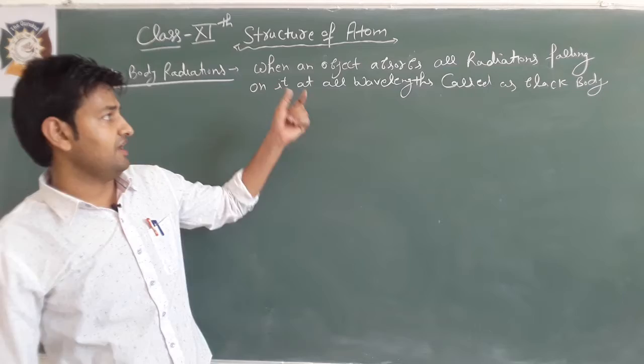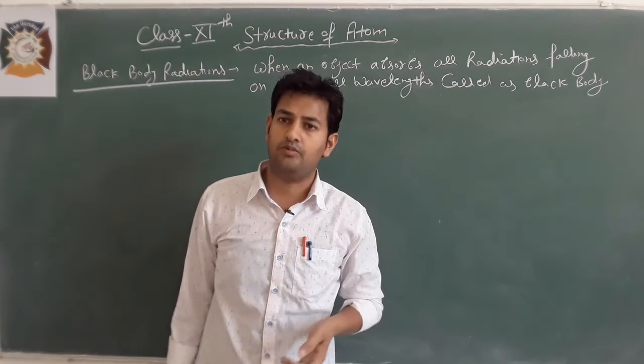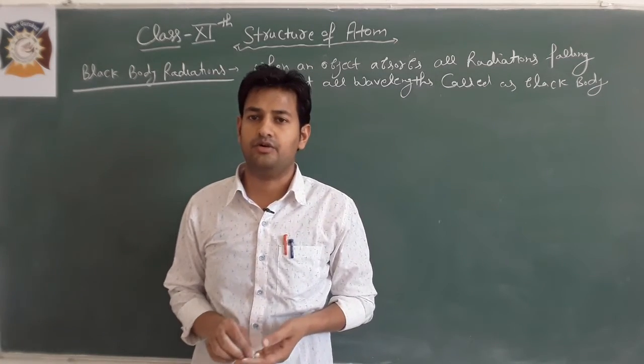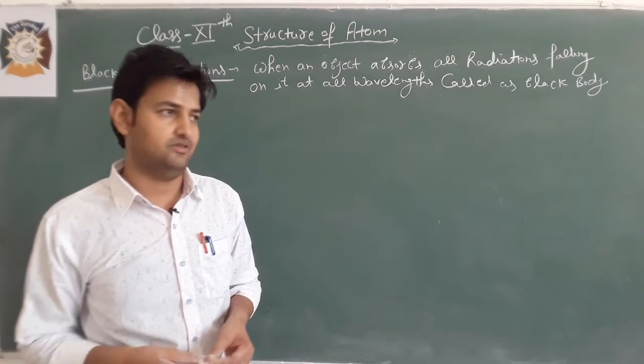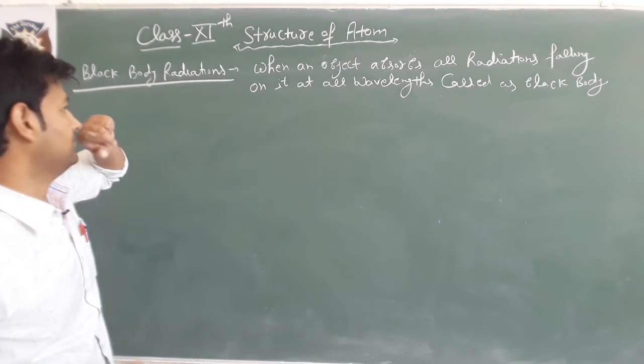A black body is that object which absorbs all the radiations falling on it. This is called as black body.